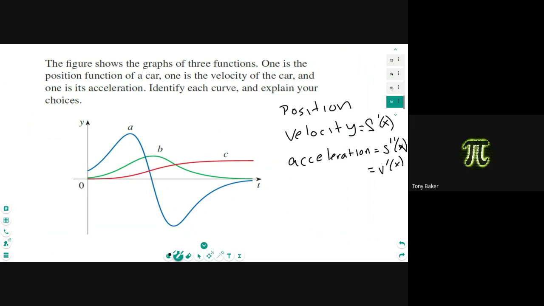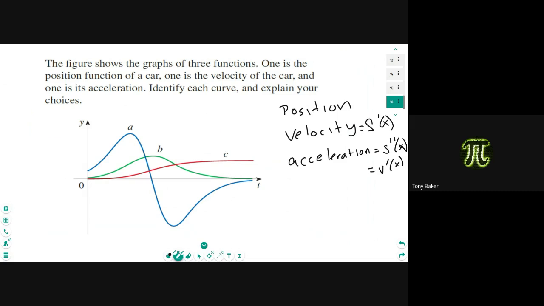So what did we know about the graphs? What was the key piece of information when we were looking at that first graph? We're looking at the derivative of it. The slope was positive or negative, but when did it change in the actual graph? Not at the zeros. The maximums and the minimums. Those are the key pieces, right?